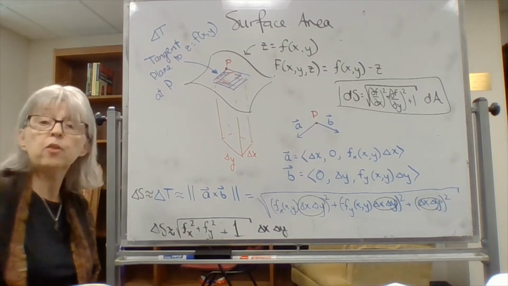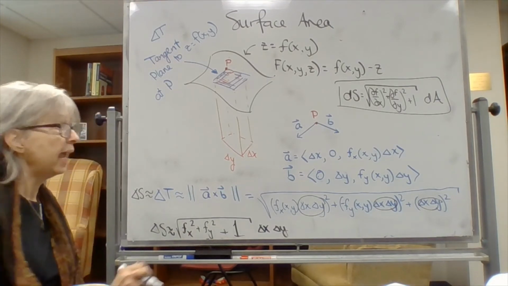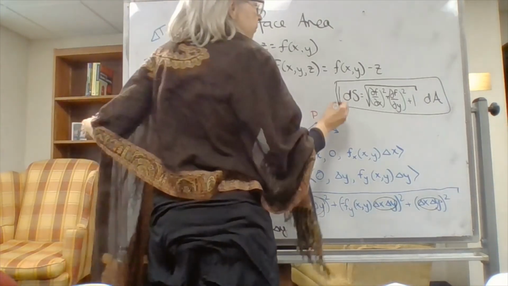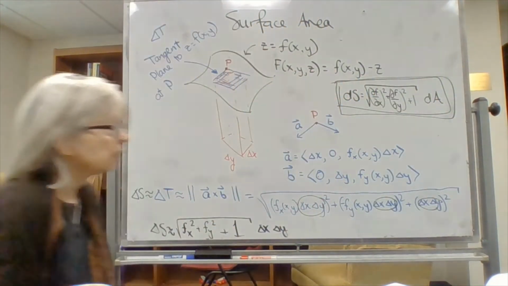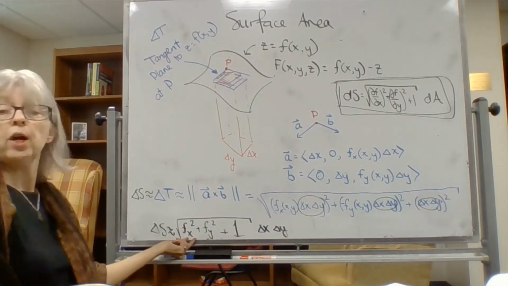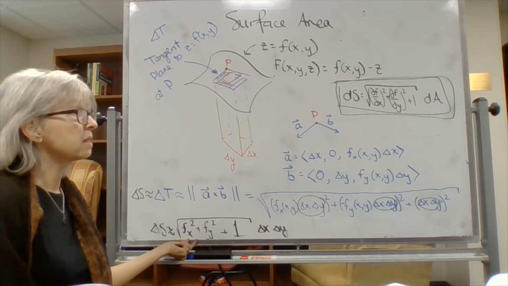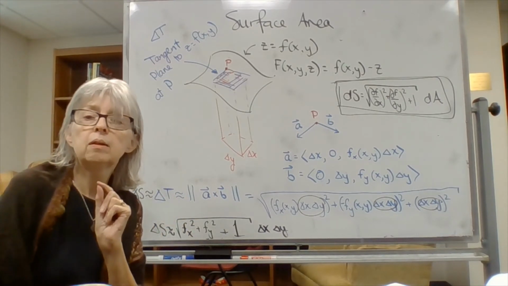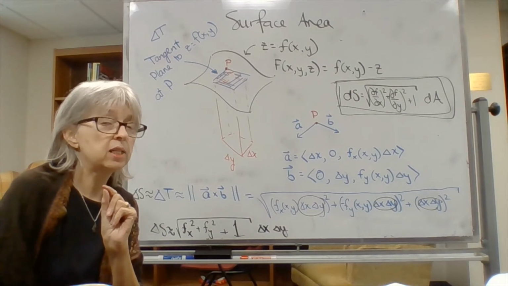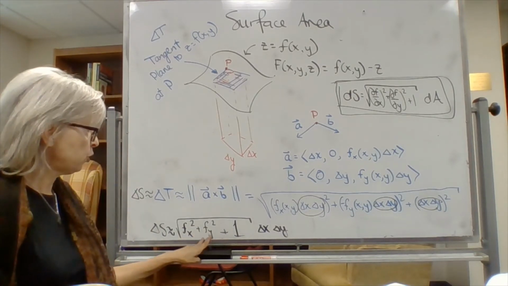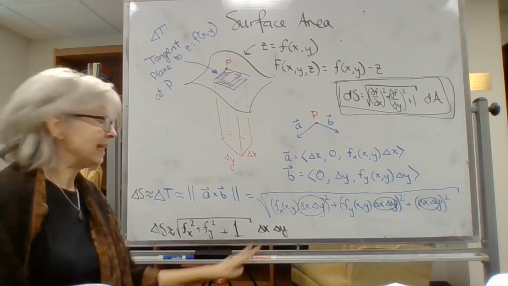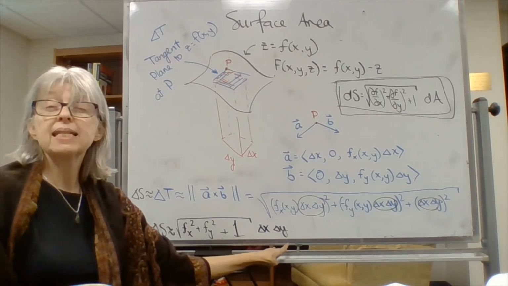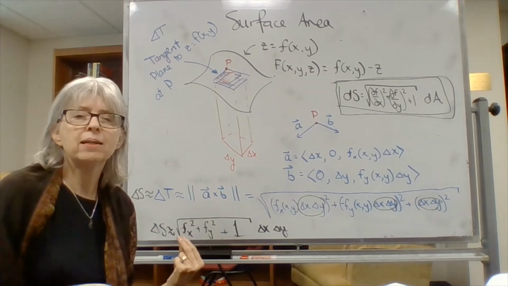Now there is another way for me to write that, and I've done so here. Square root of the partial with respect to x squared of the little f, function that defines my surface, partial with respect to y squared, plus 1 dA. Notice I replaced that with dA. I didn't say dy dx or dx dy.